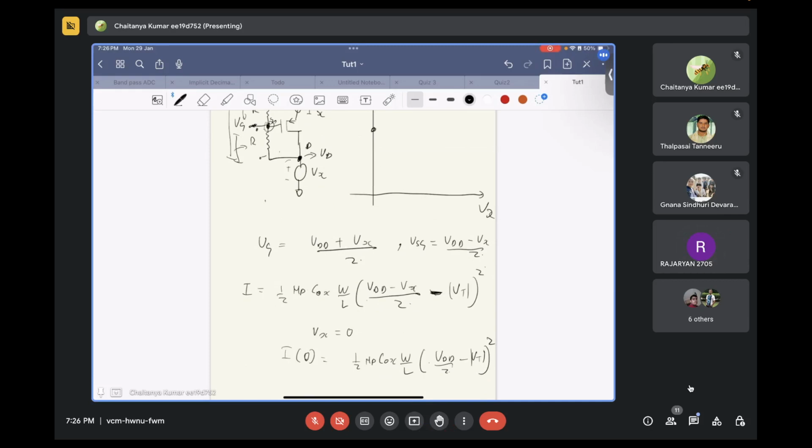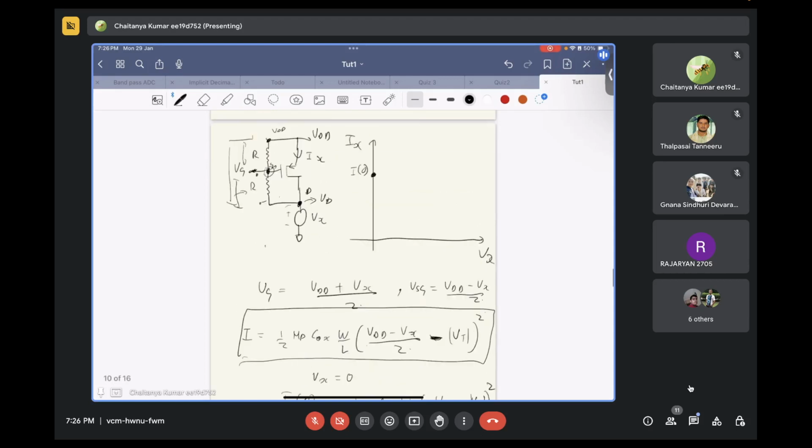So it starts somewhere from this value, that is I of 0. Now, this is the Ix versus Vx formula. So from here where does it go, up, down, straight? Down.